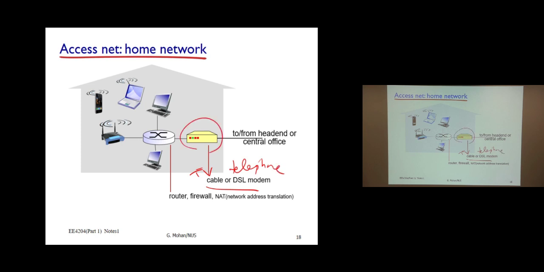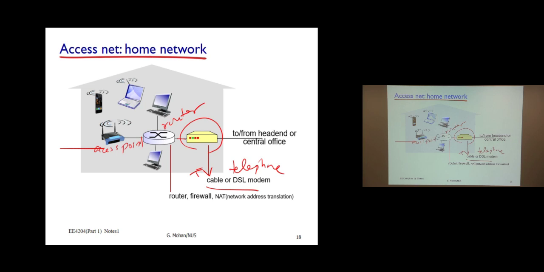In this case, we have a modem, whether it's a cable modem or an ADSL modem, that can be used at our home. As I said before, a cable modem means you connect to the TV socket, and an ADSL modem means you connect to the telephone socket. Then it's connected to what is called a router. This is the router, and this is the wireless access point.